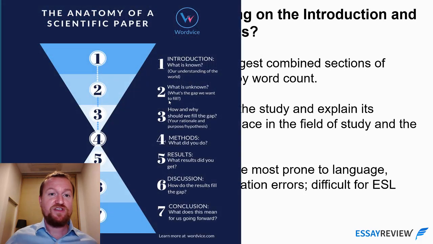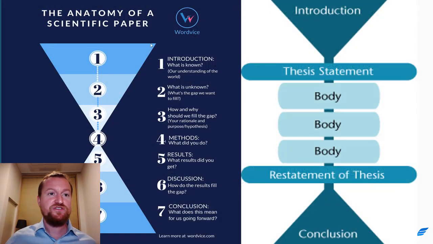As you can see, comparing the two structures, here we have the social science or natural science paper section, and it looks a little bit different than the humanities, which is on the right here. But both of these still have similar sections: introduction, thesis statement, results section in the social sciences, and then conclusion in both kinds of papers.